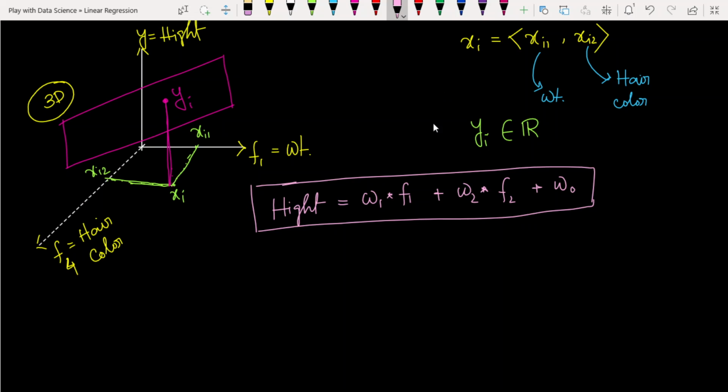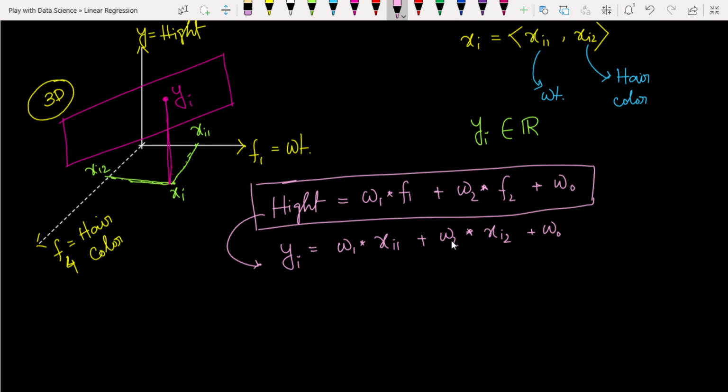If we put in our data, that is xi, yi, then how will the equation be? Our original output is yi. If this point fits our plane, then the equation will be w1 into xi1, plus w2 into xi2, plus omega naught.